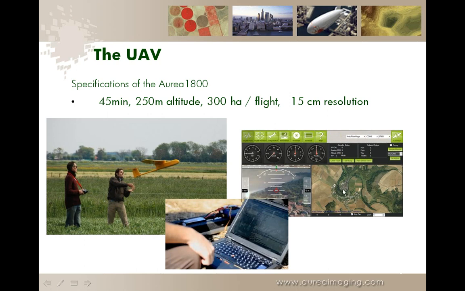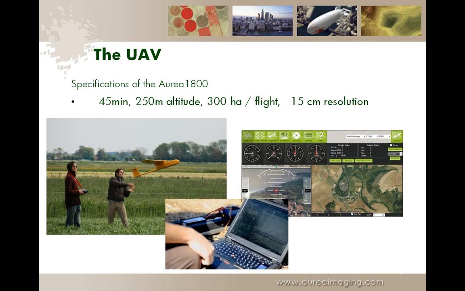It's the software to plan your flight and to maintain the link with your plane, because it goes so far away that you don't see it anymore, you don't hear it anymore, and you just have to trust that it will come back following its waypoints. So we also need safety measures, so in case something goes wrong, the plane at least comes back, and if it gets down, you can find it again.